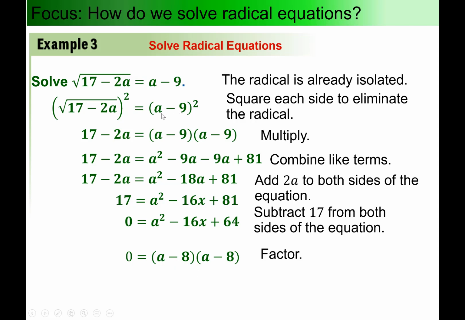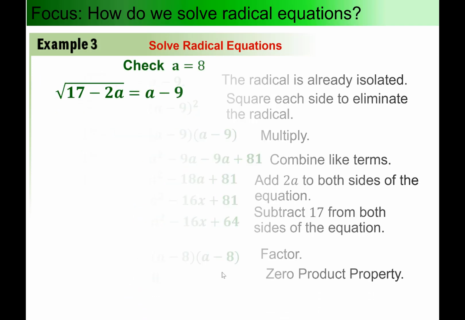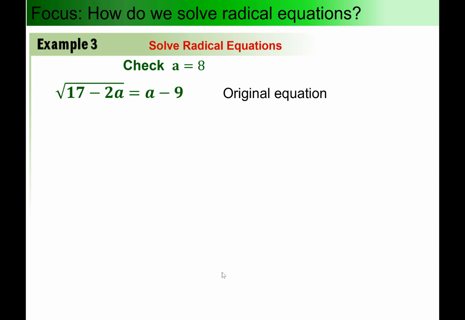Just like up here we had a minus 9 squared. And this is a perfect square trinomial. So when we use the zero product property, since the factors are the same, we end up with one solution, a equals positive 8. So now I'm going to check my answer by substituting in 8 into the original equation.